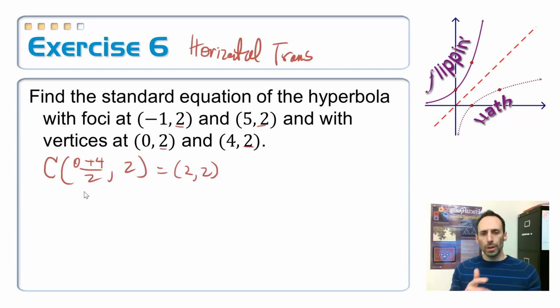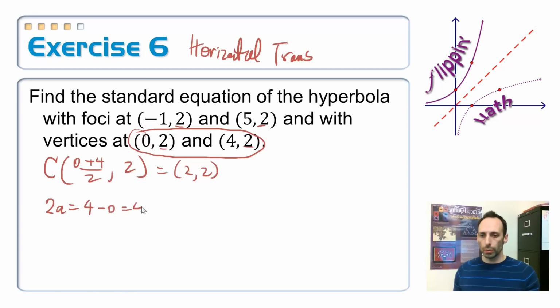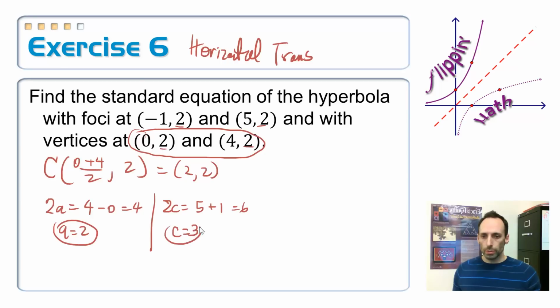And I need an a value and a b value. So the a value I can simply get from these two vertices. Just subtract the two x coordinates. So 2a is equal to 4 minus 0, which is just 4. Divide it, and so a is equal to 2. I got my a value. From my foci, I should be able to get my c value. So for my c value, 2c is equal to, do the same thing, subtract the x coordinates. So here 5 minus a negative, so plus 1, is 6, so c is equal to 3.